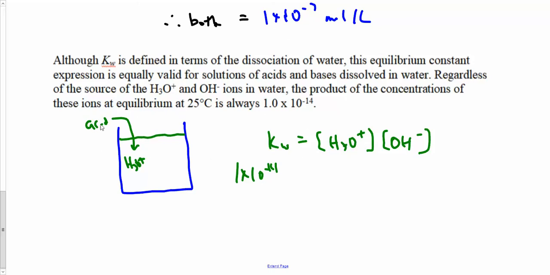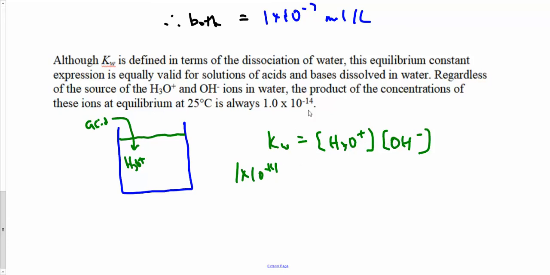If I dump in some acid, this value is going to get bigger. But this times this will always be 1 times 10 to the minus 14. So if I dump in acid, this gets bigger. Therefore, this must get smaller. Yes? So regardless of where this and this came from in a solution, this times this must always be 1 times 10 to the minus 14.